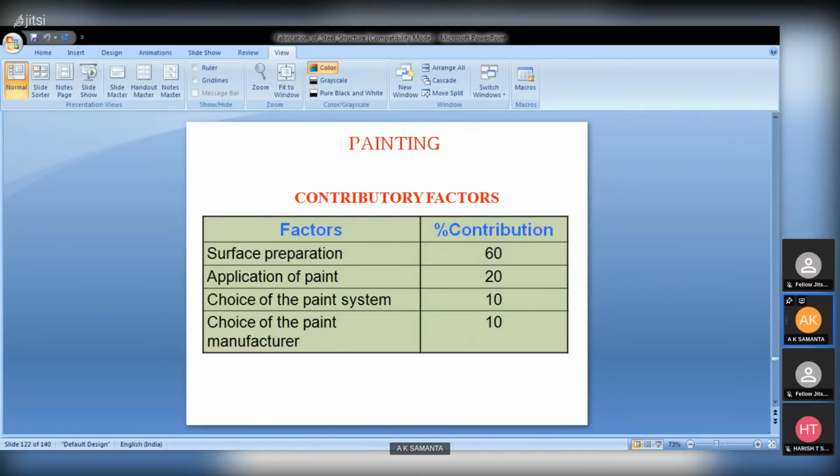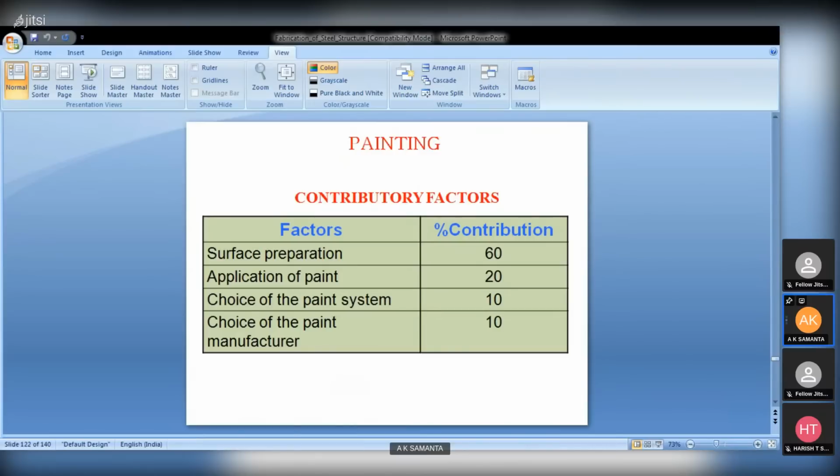There is no clause of surface cleaning, so surface cleaning is the neglected thing. But if the surface is not cleaned properly, the paint, being a chemical, will not adhere to the substrate surface. That's why they say that about 60% of the success of painting is contributed by the surface preparation.